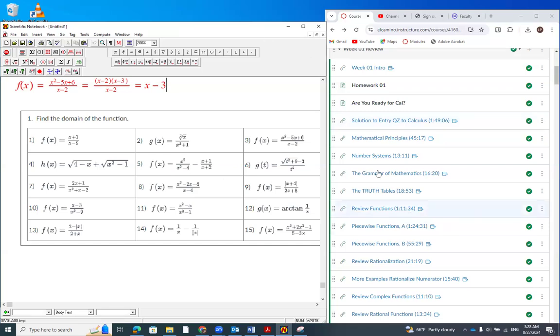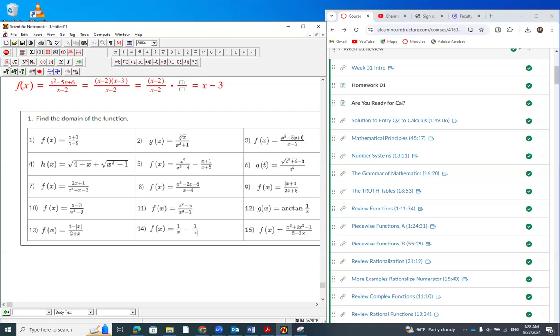So in this process, when we cancel x minus 2 with x minus 2, we're really doing x minus 2 divided by x minus 2, right? And x minus 3. So we can put the x minus 3 on the side.